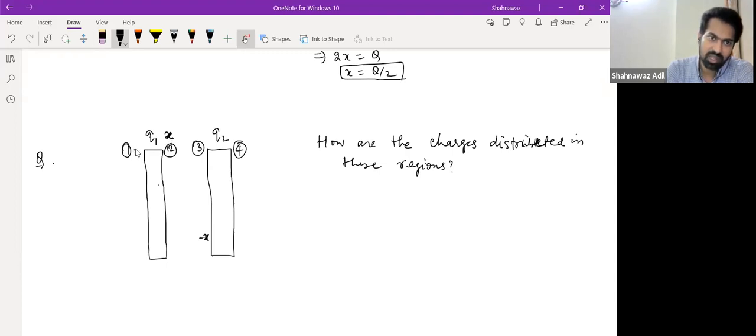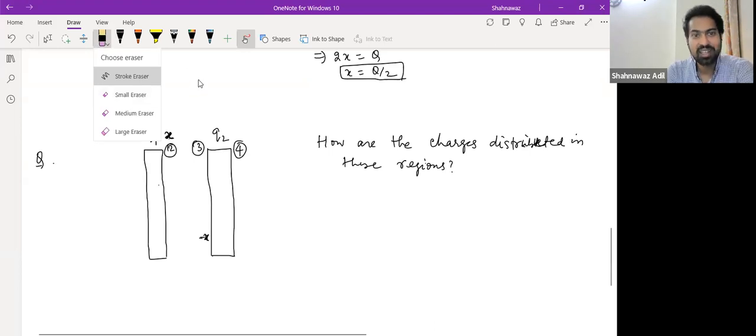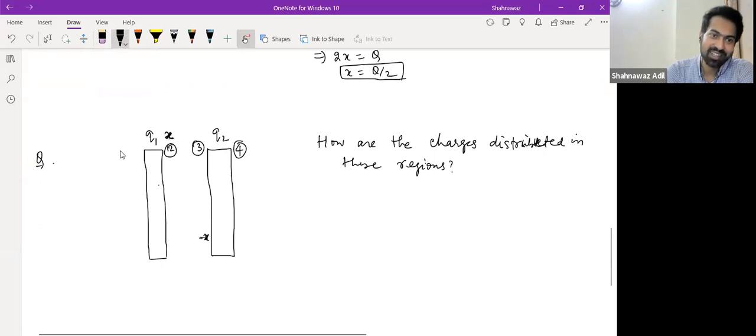Yes, conservation of charges. This has X, so what would be the charge on this side?